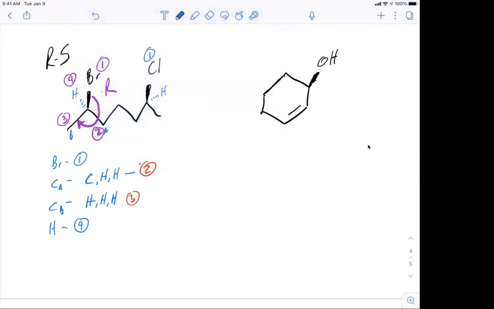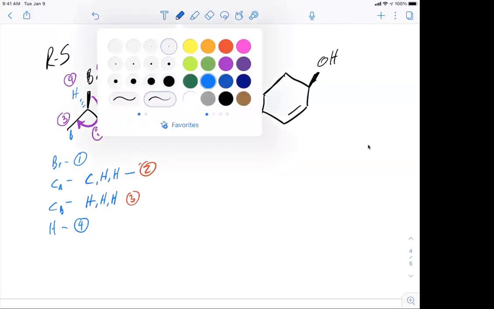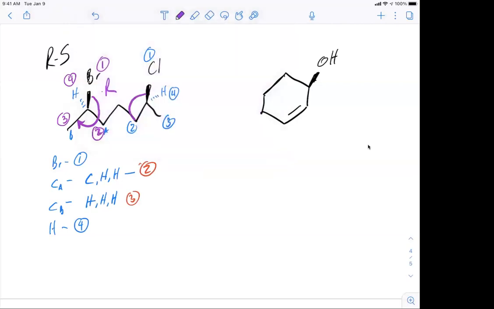So we get 1, 2, because this is attached to a carbon, 3, because this is only attached to 3 hydrogens, and then 4, right? We do our 1 to 2 to 3. Now we're going counterclockwise. That is S. And I should have said, right, you need to check your lowest priority. And my lowest priority is back, right? So therefore S is correct. Over here for the R, the lowest priority is back. So my R is correct.